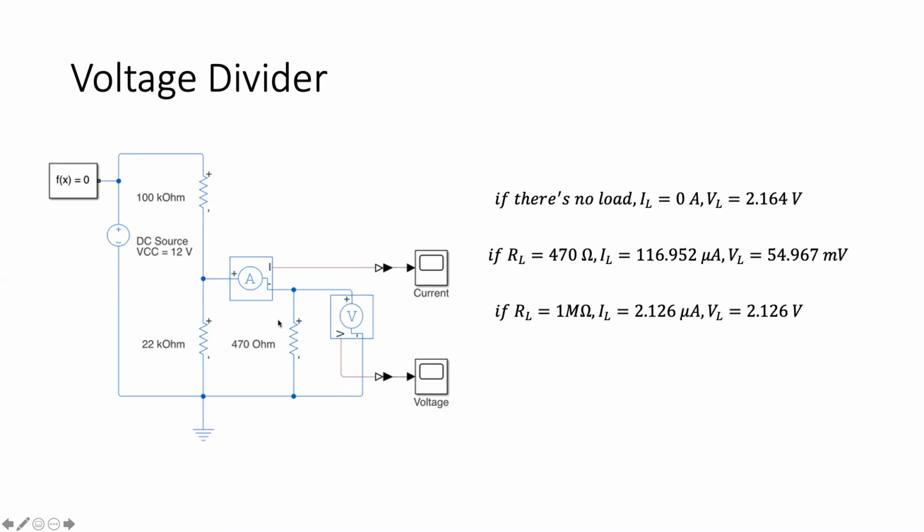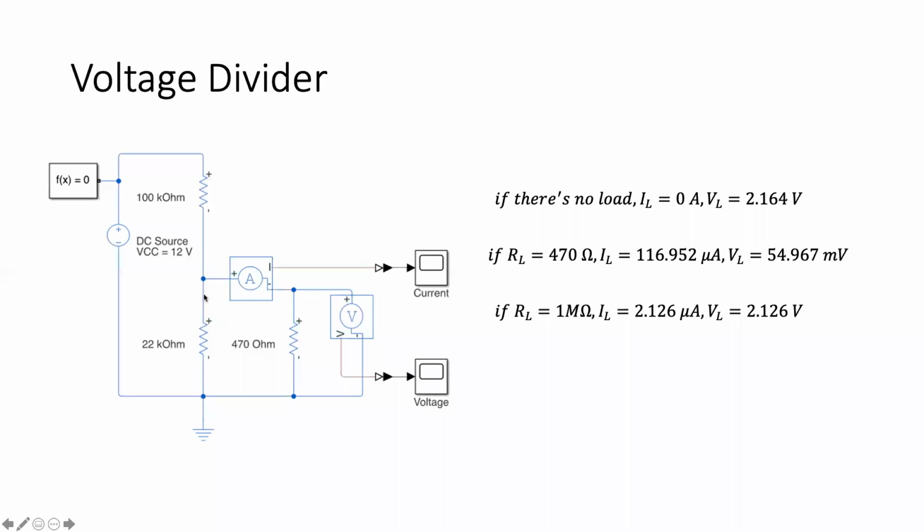Okay? So madali nyo lang din makukuha yan kasi ang mangyayari dito ngayon is ito is in parallel with this. So meron kayong effective na resistance dito. And because of that effective resistance, makakompute nyo yung current through the total resistance. And once you know the total current, yun din yung current na dumadaan dito.